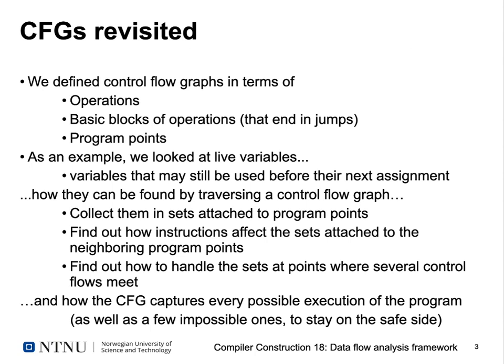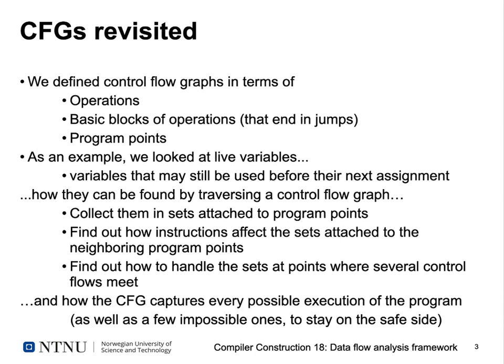When we construct control flow graphs, we have defined them in terms of operations, in terms of basic blocks combining a number of operations, and we know that basic blocks always end in a jump or in some incoming control transfer.